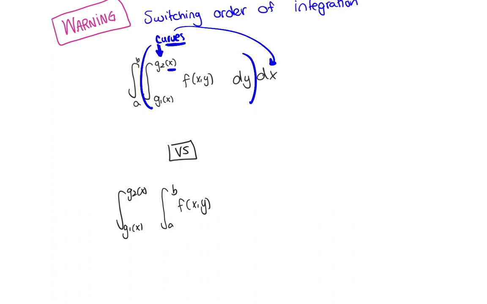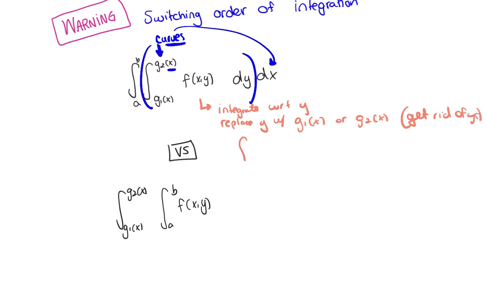Because when I integrate this, what's going to happen in general, I'm going to integrate with respect to y. And then I'm going to replace the y with either g1 of x or g2 of x. So I get rid of all of the y's.